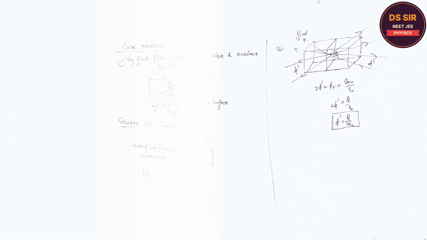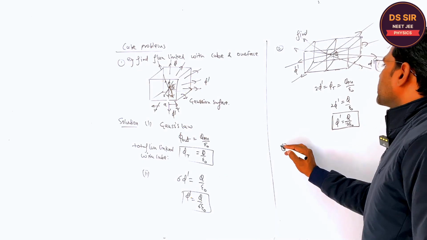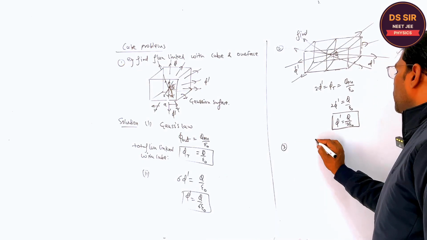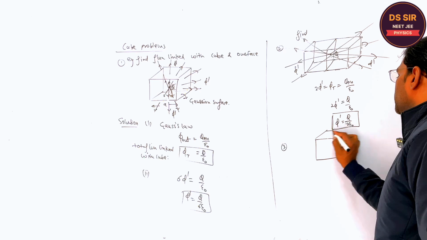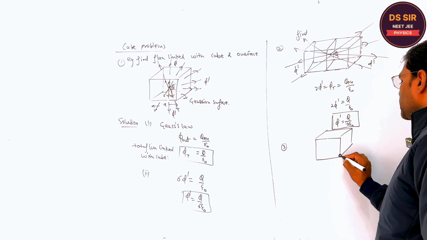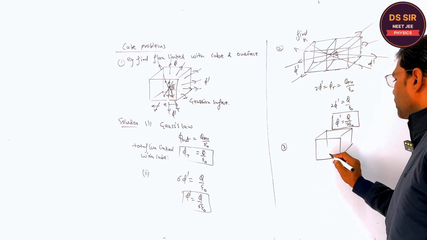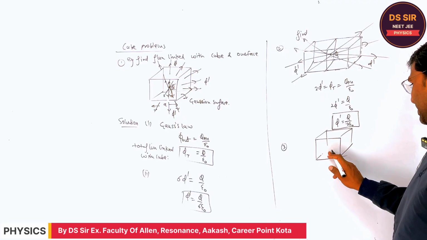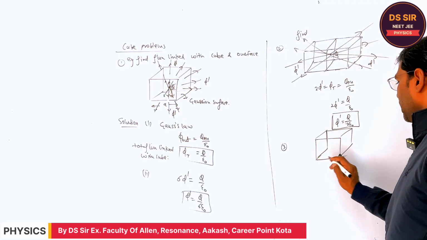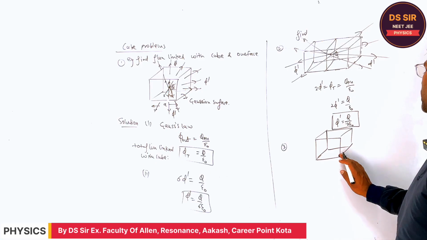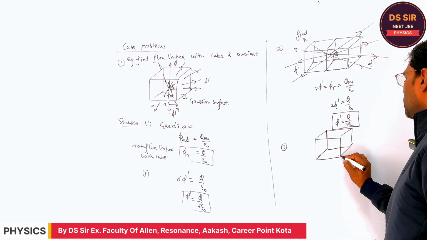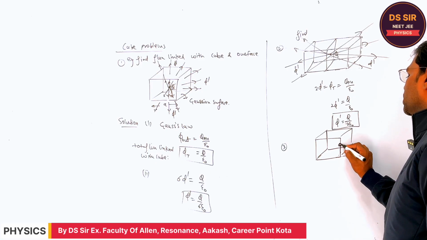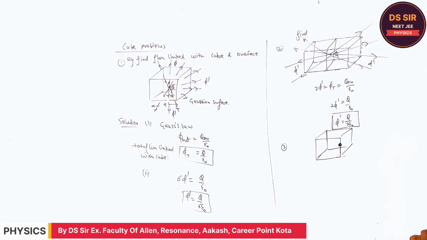Copy this. So what is the third case? If you consider the cube and the charge is placed at one corner, then what will you do? Instead of one corner, put the charge on one edge, in the middle of the edge, like this.